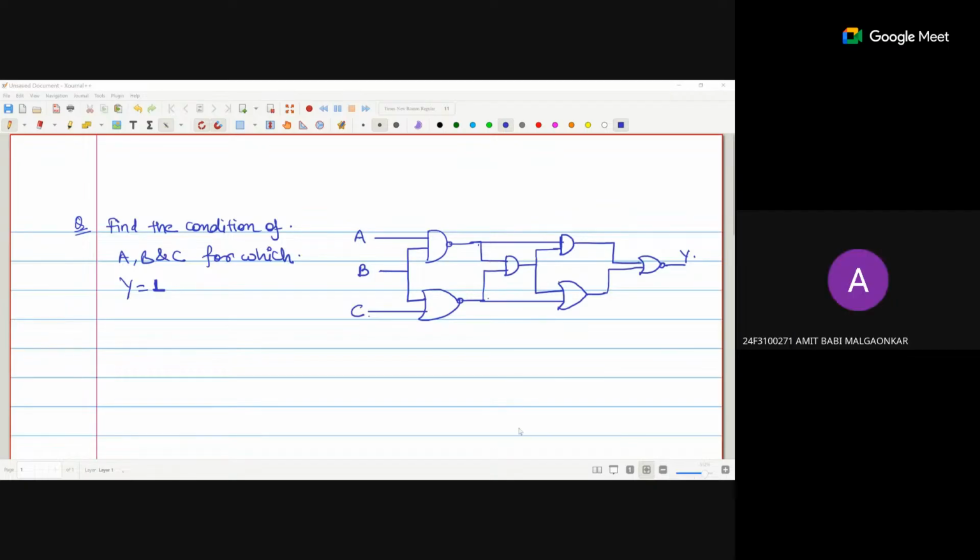So that's Y is equal to 1, 1, 1, 1. Okay.